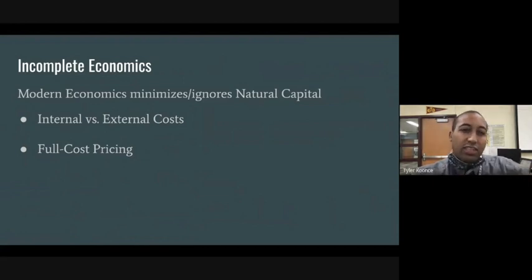Two things that lead to this are internal versus external costs, and we'll talk more about that in an upcoming set of notes, as well as full cost pricing. These really deal with incomplete economics, worrying about the bottom line price-wise and not what's going on ecologically. So more focus on the economics. And that concludes this set of notes.